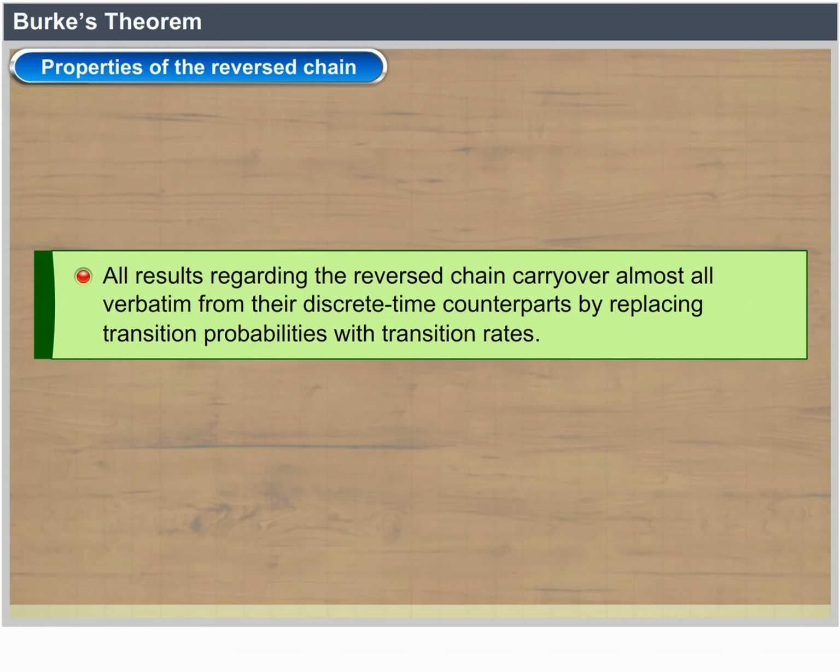All results regarding the reversed chain carry over almost verbatim from their discrete time counterparts by replacing transition probabilities with transition rates.